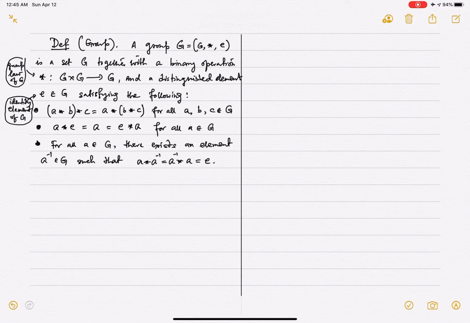And these three axioms also have names. This one is called associativity. This one is called the identity axiom. And this one is called the inverse axiom. So a group is any set, finite or infinite, together with this operation star and a special element E satisfying these three laws.